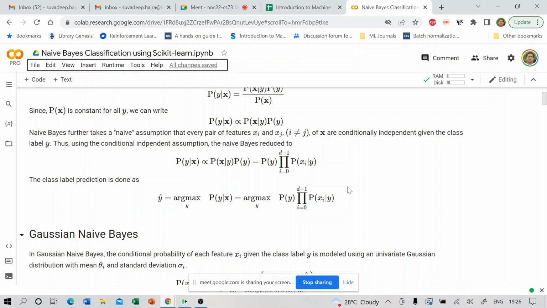Suppose my features are something like this: there are two features, x1 and x2, and there is some data, say 0.5, 0.3, minus 0.2, 0.1, minus 0.3, 0.25, 0.6, 0.7, something like this, and say there are two classes.